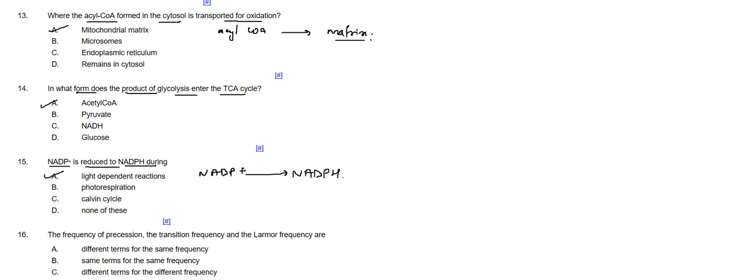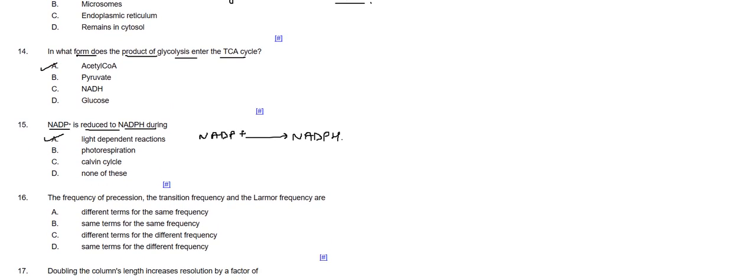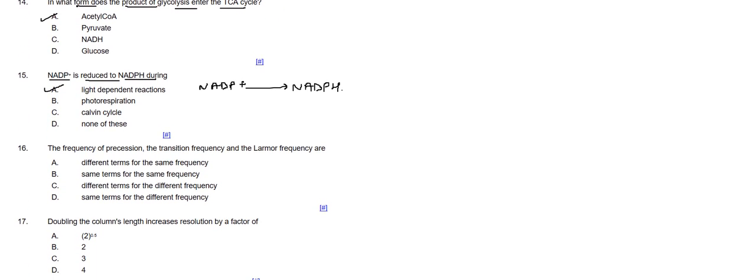Okay, next question is number 16. The frequency of precession, the transition frequency and the Larmor frequency are. Okay, so they are the different terms for the same frequency. So the frequency of precession, which is the transition frequency, and the Larmor frequency, they are the different terms for the same frequency.